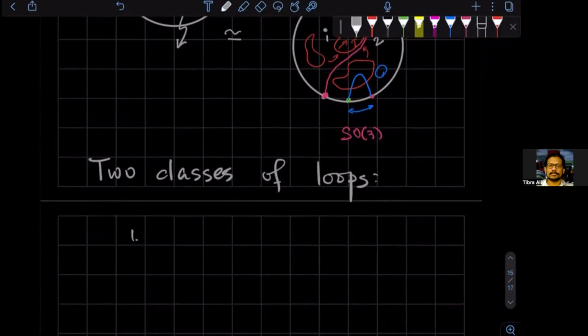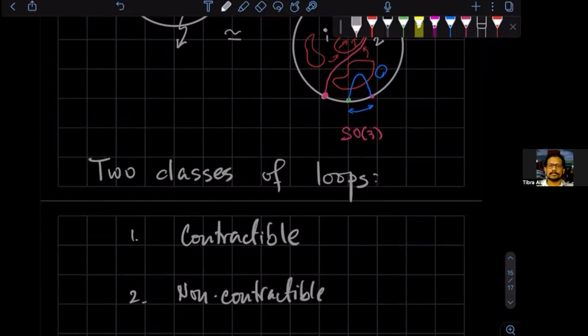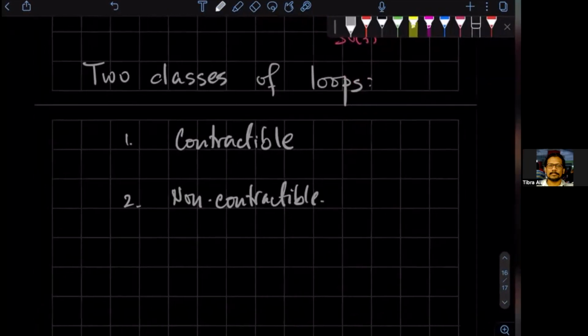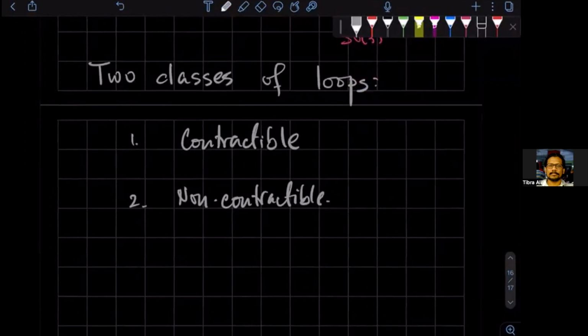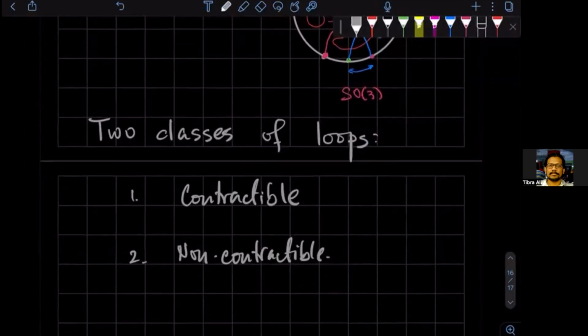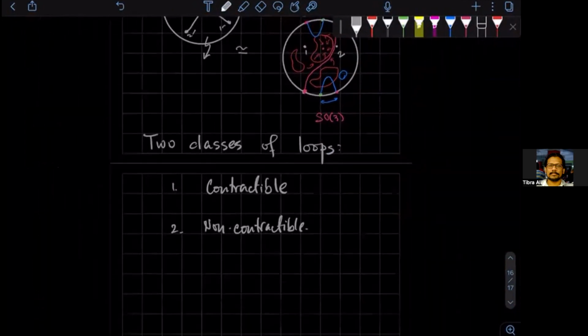Okay. Contractible and non-contractible. So this structure of the loop can be converted to an abelian group.